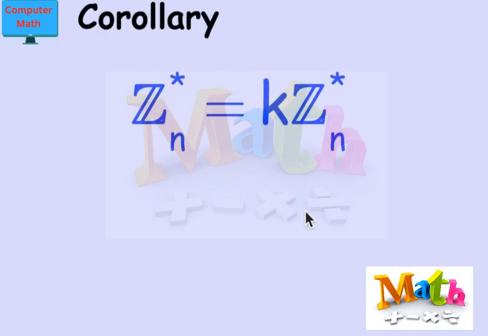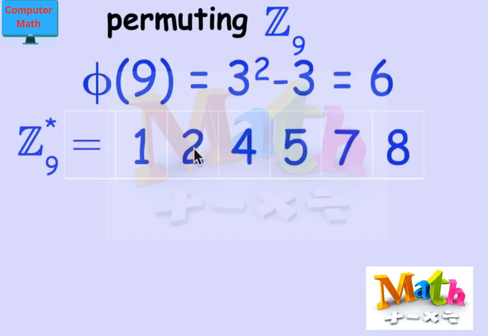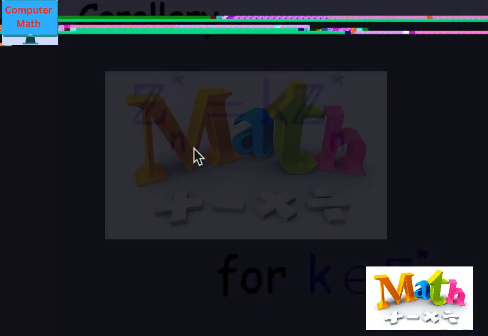Okay, so as a corollary of this, I can actually conclude that if I choose an element k that's cancelable, an element in Zn star, and I take the whole set Zn star, all those elements that are relatively prime to n, and I take multiples of k by each of them, then in fact I get the same set Zn star. And the proof of that is really straightforward. Let's think about it for a minute.